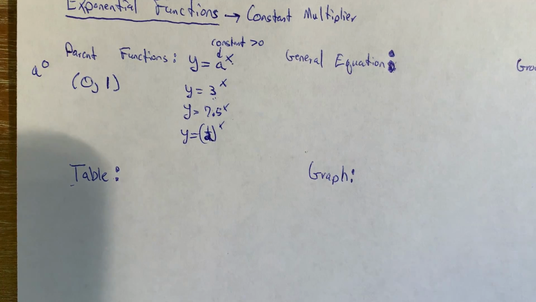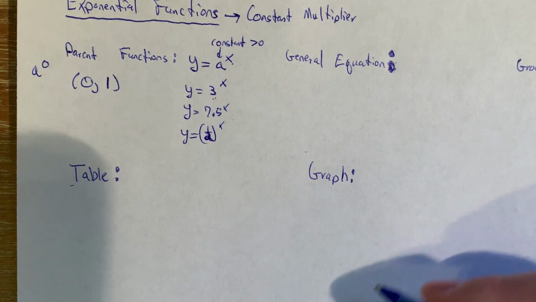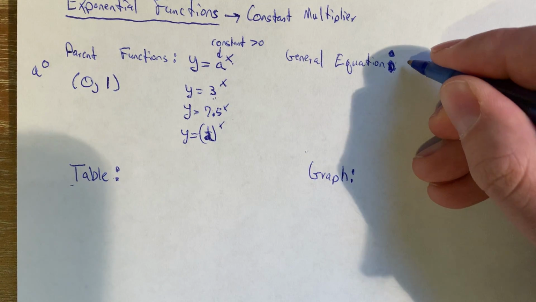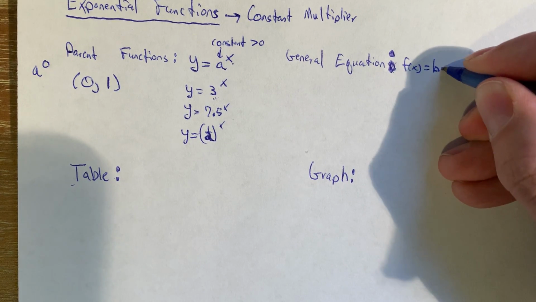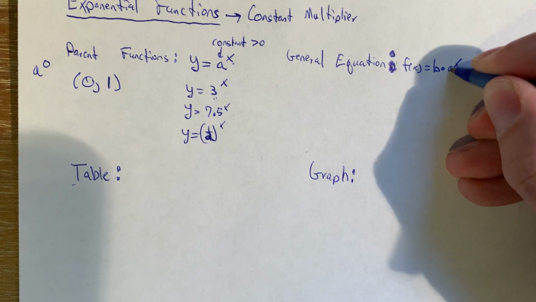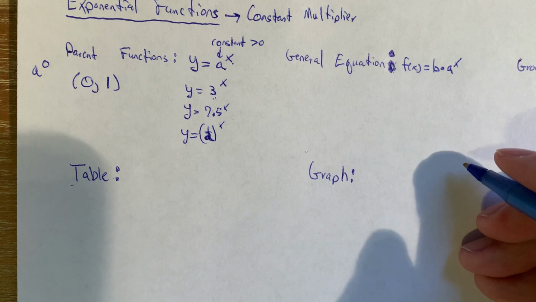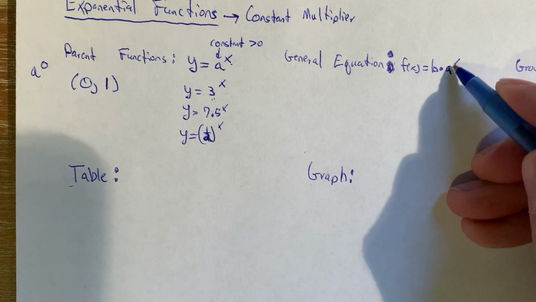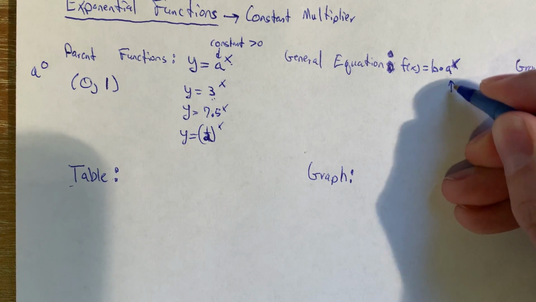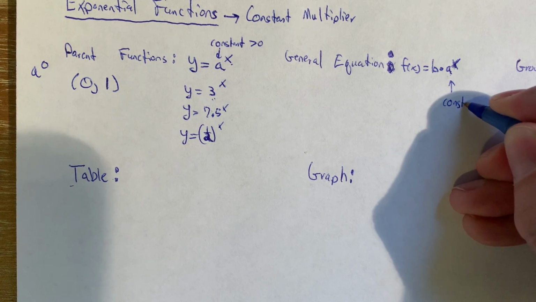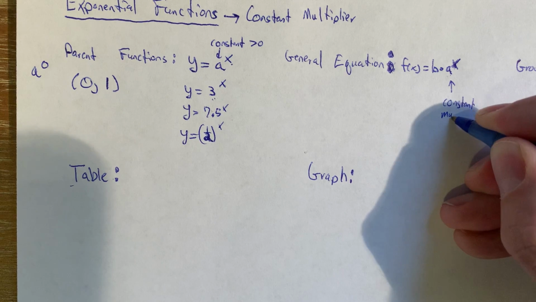The general equation for all exponential functions can always be rewritten as f of x equals b times a to the x. Okay, so here's our exponential part. And what's going to happen is the a will be the constant multiplier. We'll see why in just a second.